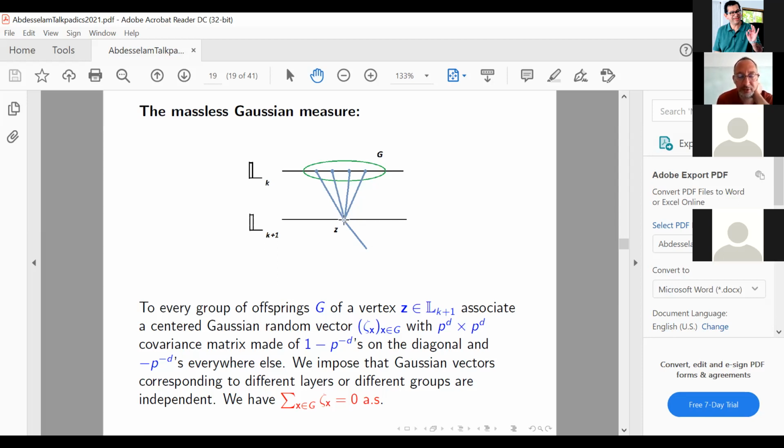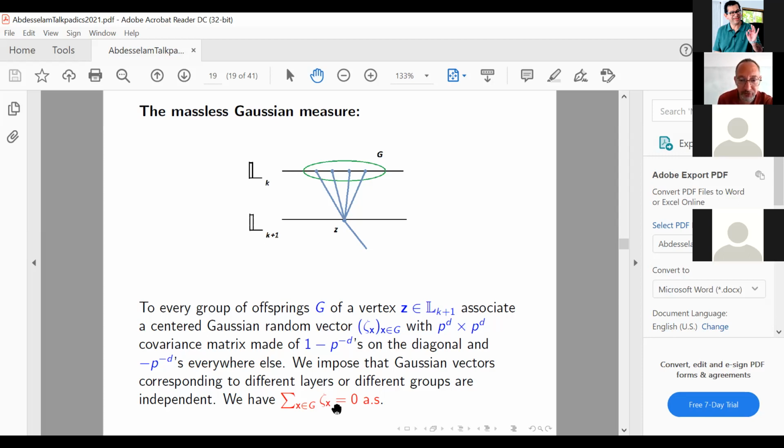Whenever I see a point in the tree, of course, there are the offsprings. Okay, there is a p to the d offsprings. What I'm going to do is condition and impose by force that all of these offsprings, the random variables, add up to 0. So you start from independent N(0,1)s and you condition on the sum in each group, in each family like that, to be 0.